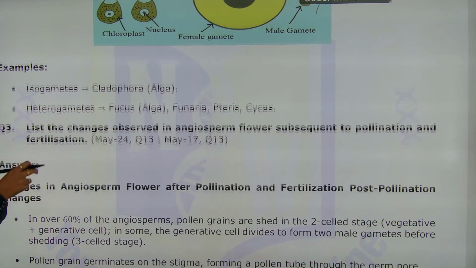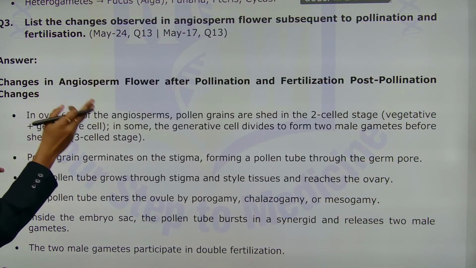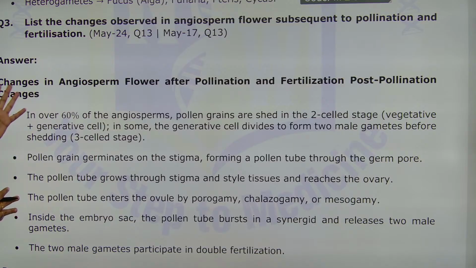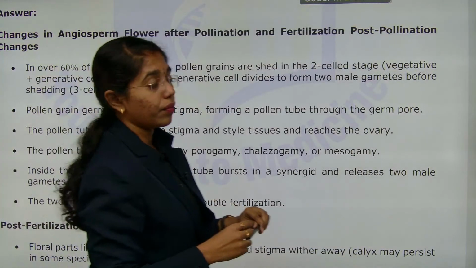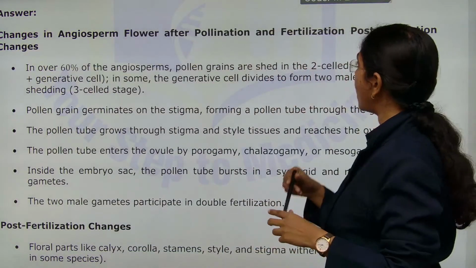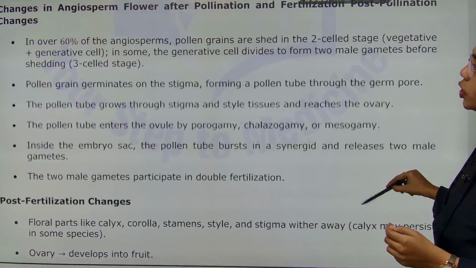Next, list the changes that are observed in an angiosperm flower subsequent to pollination and fertilization. This question has appeared in May 2024 and 2017. What are the changes in an angiosperm flower post pollination and post fertilization? So, distinguish them clearly.